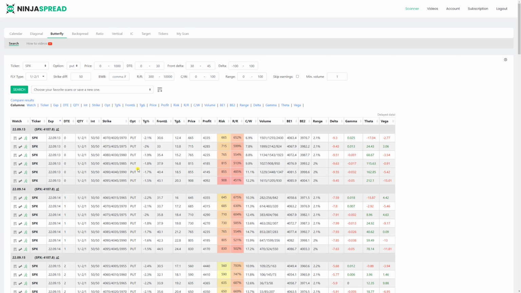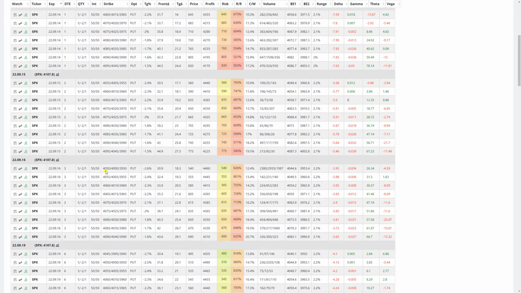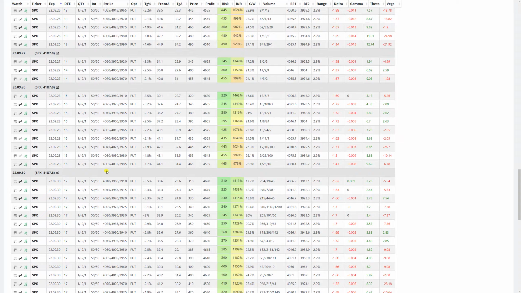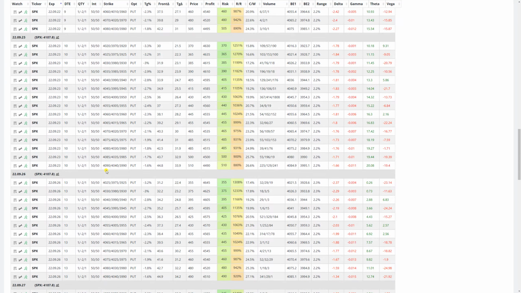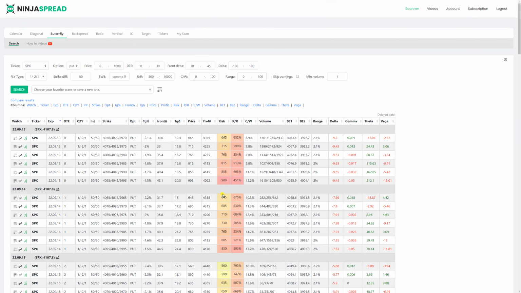As you can see, we have found 0 DTE expirations, 1 DTE, 2, 3, and a lot more inside this 0 to 30 days to expiration range. And there are many types of reward to risk.